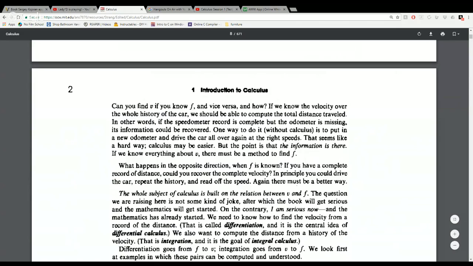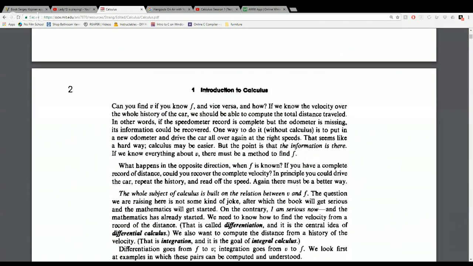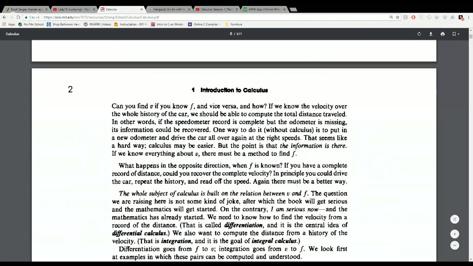You're driving the car, and you're recording your speed at any moment in time, because you know F. So at any moment, you know how much distance you've covered, so you travel at the required speed to match that information. At time 1, you've covered this much distance. At time 2, you've covered this much distance. So you adjust your speed accordingly, and you just record what your speed is. But again, you can imagine it's ridiculously tedious, probably even impossible, so there must be a better way.